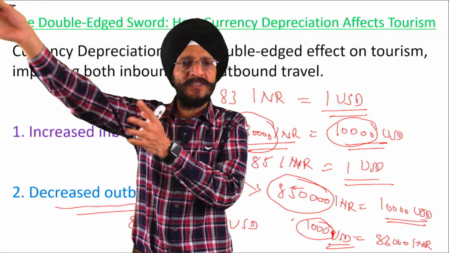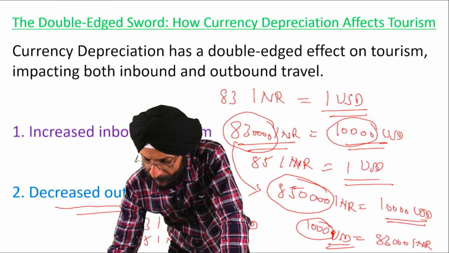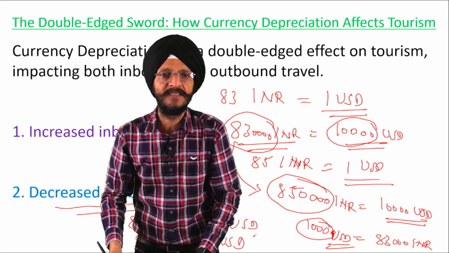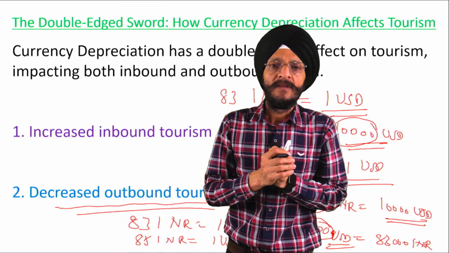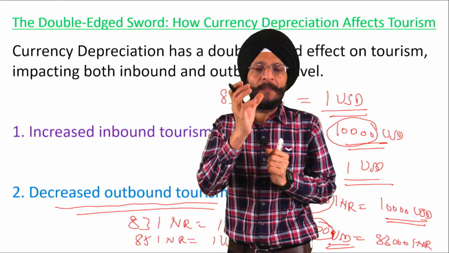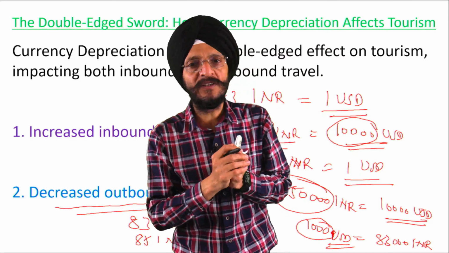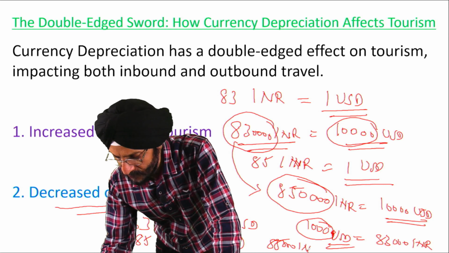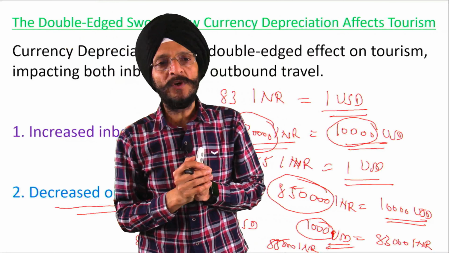But if there is depreciation in Indian currency and 85 Indian rupees become equal to 1 US dollar, that is, after depreciation an Indian will have to pay 85 rupees to get 1 US dollar, here the budget will have to increase. He will have to pay 85,000 Indian rupees to get 1000 US dollars.